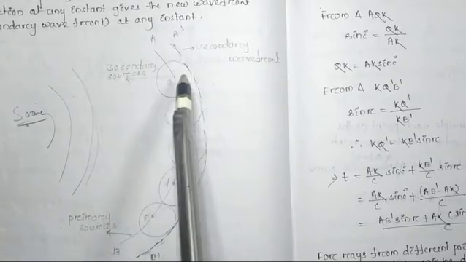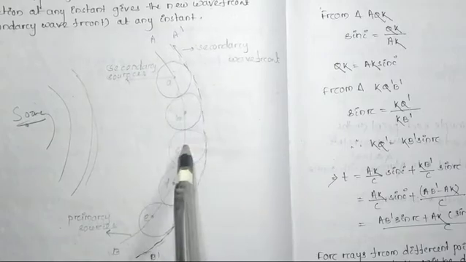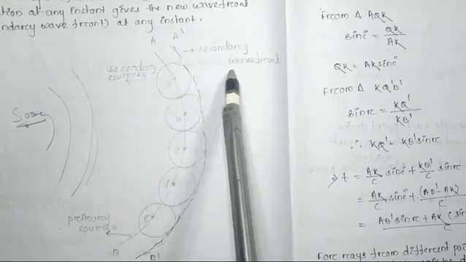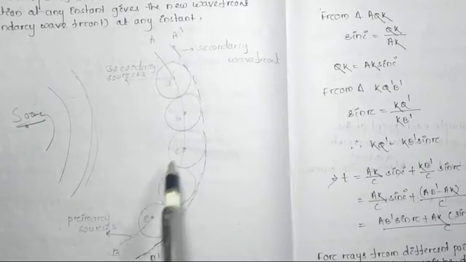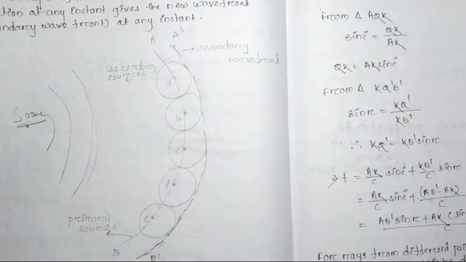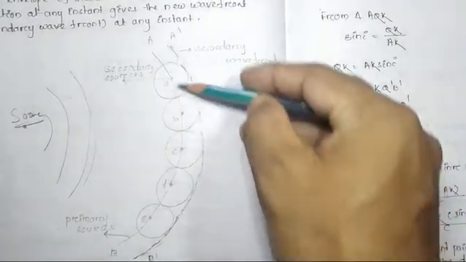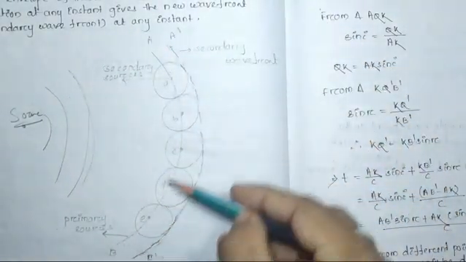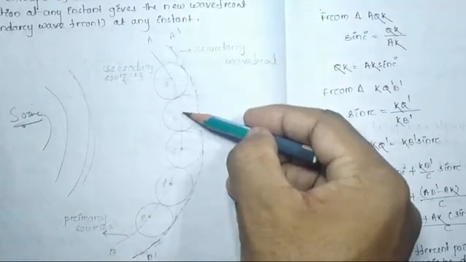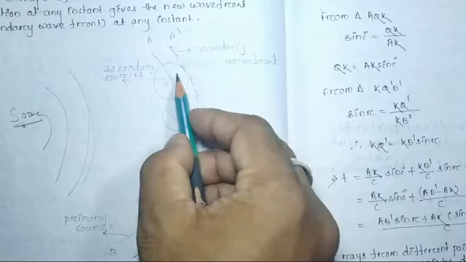If we consider this is a source, this is a source, this is a source, or we can consider that this is a slit, this is another slit, this is another slit. On the primary wavefront, these are the slits from which light is passing like this.